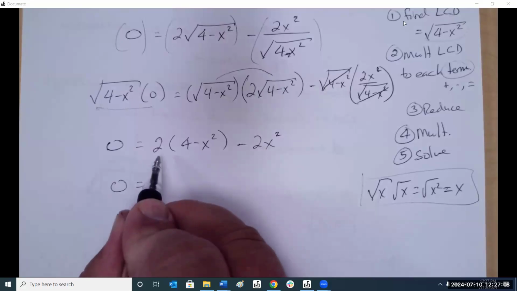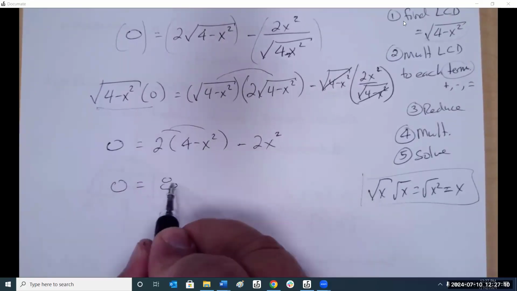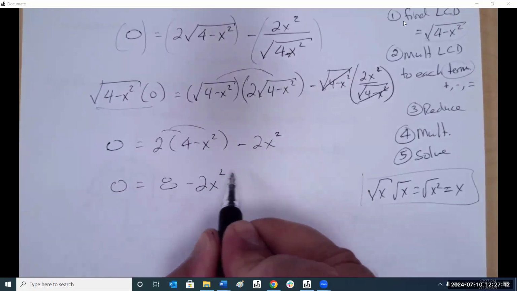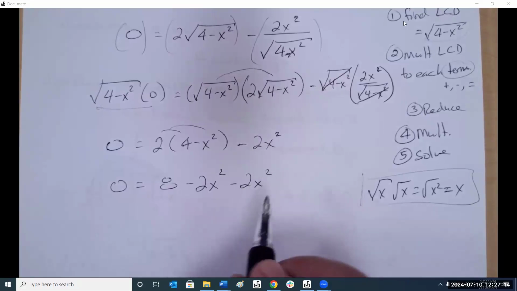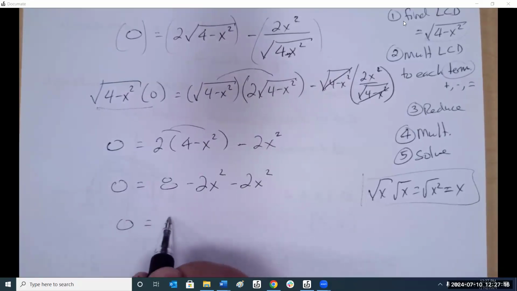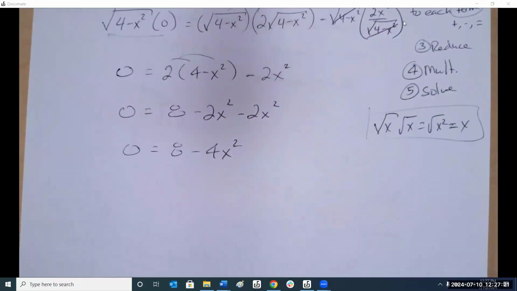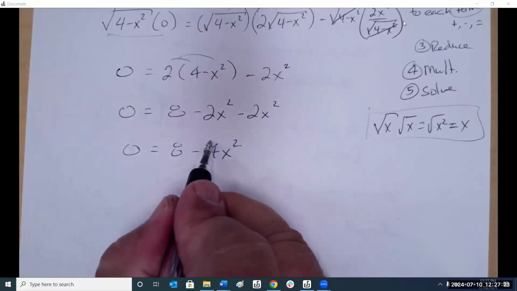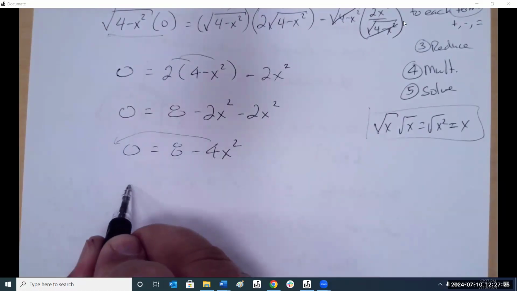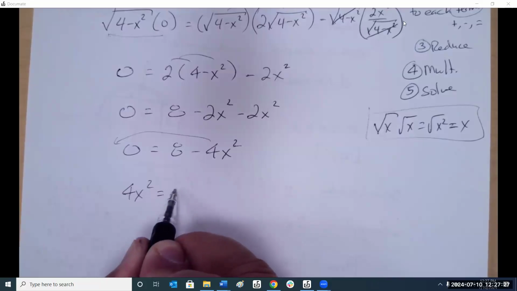So let's get rid of parentheses. We have 8 minus 2x squared minus 2x squared. Move it over. So we have 4x squared equals 8.